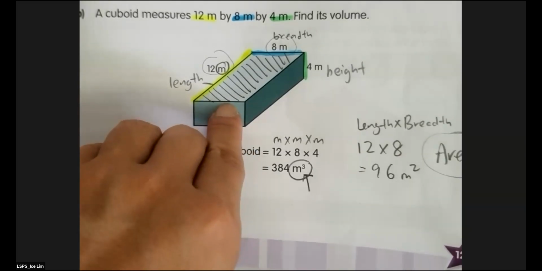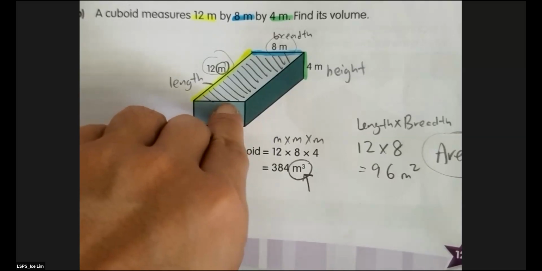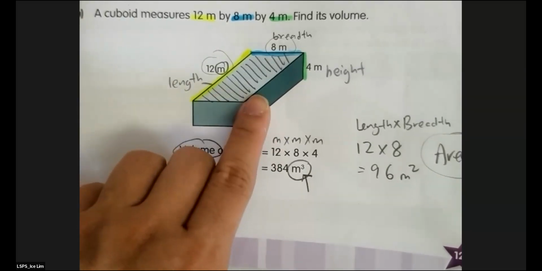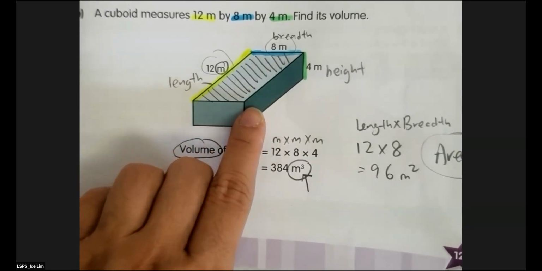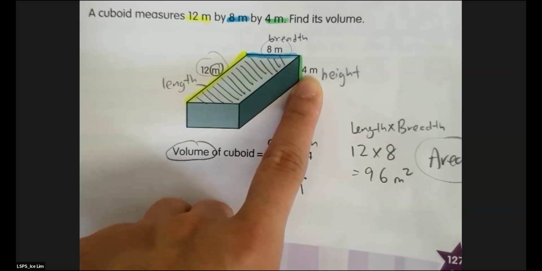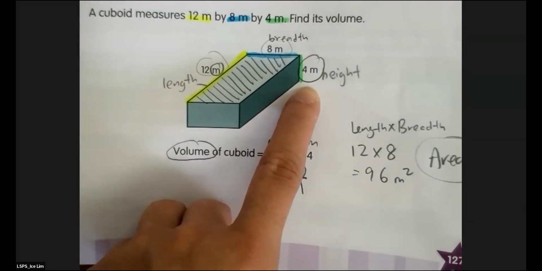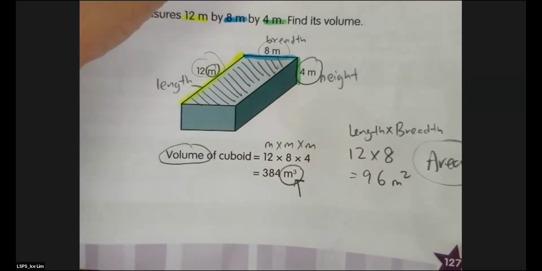Can you understand? You call it the base area. You ask the cuboid to sit on the table, or the top area, that rectangular base area. I multiply with 4 meters, that means I stack up.